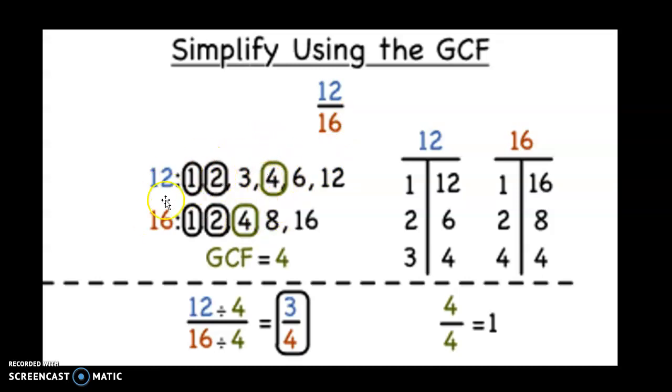Okay, so in this example, I like the look of the T-charts, but you can also list the factors this way. They determined that the greatest common factor between 12 and 16, they listed all the factors and realized they both have 4 in common. Once they knew what the GCF was, they divided both the top and bottom by the GCF and simplified their fraction.